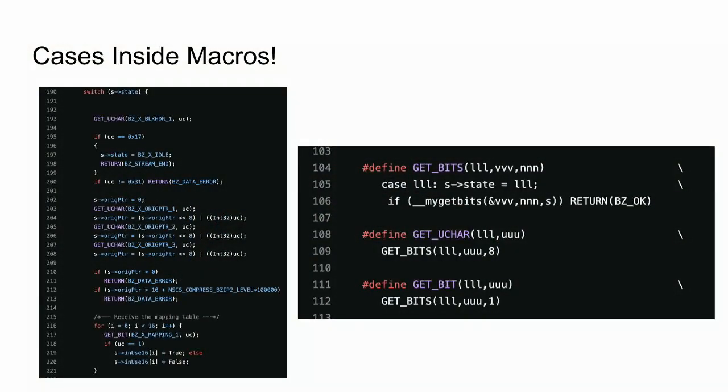And they weren't just one macro. If you'll look, you'll love this. The case is actually in a nested macro. So you have GET_UCHAR and GET_BIT, and then inside of those they call GET_BITS, and then inside of GET_BITS it has case, and then LLL, which actually contains the number of the case.